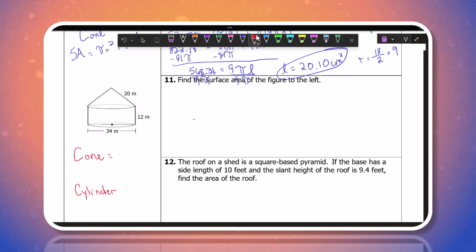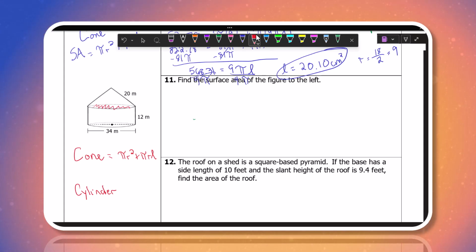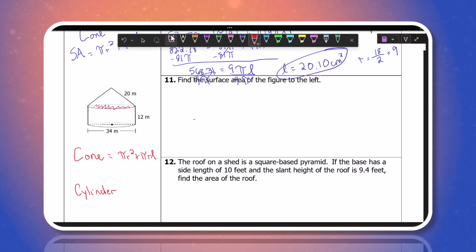So usually it's pi r squared plus pi r l. But pi r squared is the circular base, but we don't have that. This section is not being counted because it's not the outside of our figure. So we'll get rid of that circle.